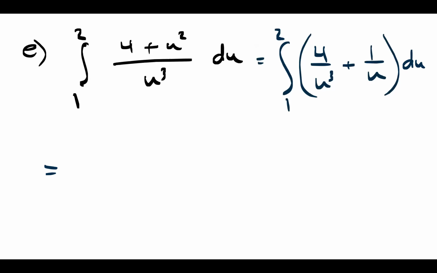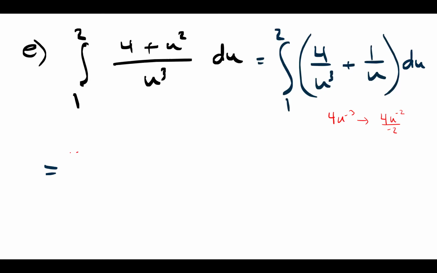Negative 8 divided by u squared. Let's do it together. u to the negative 3 converts into u to the negative 2, adding 1 and dividing by that new exponent.